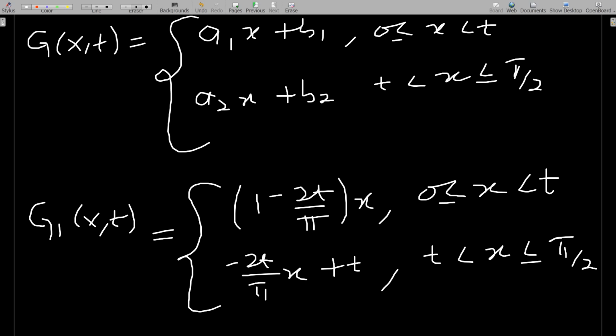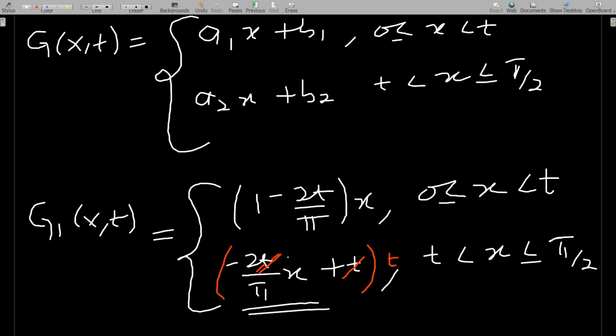Now I can do another simplification here. If I factor t out, the 2t here will go, and the t here will go. Now I have minus 2x over pi plus 1 times t.